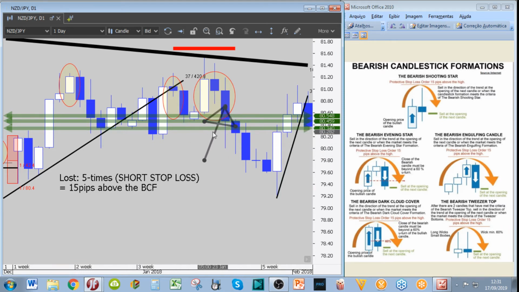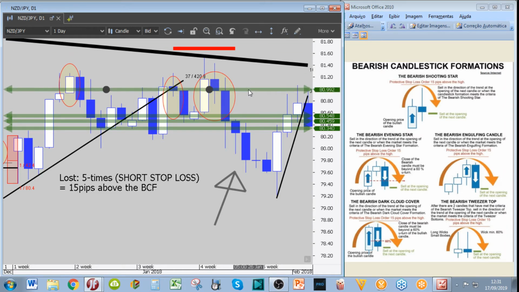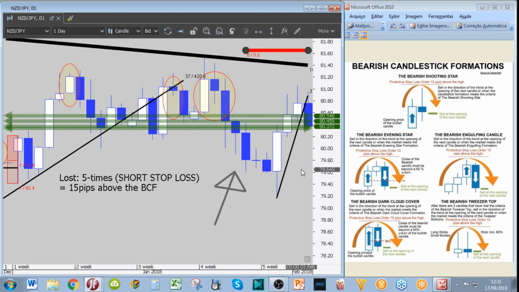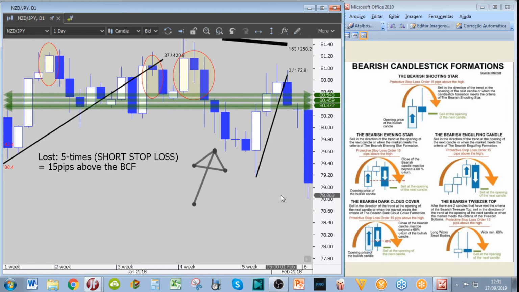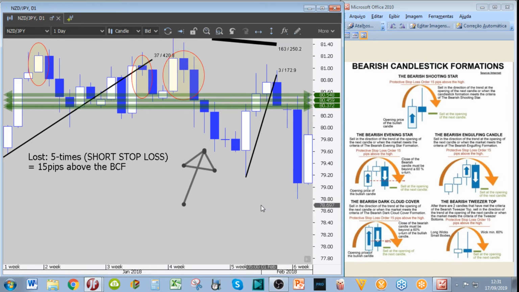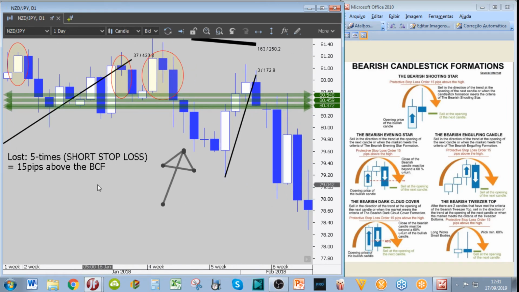We have the third trade, which is break even, and now we are going to enter the fourth trade in here. And again, we're going to move the stop loss together with the downtrend line. Let's see what is going to happen. The market is moving up and down, sideways.